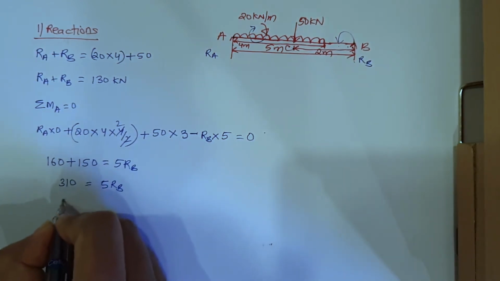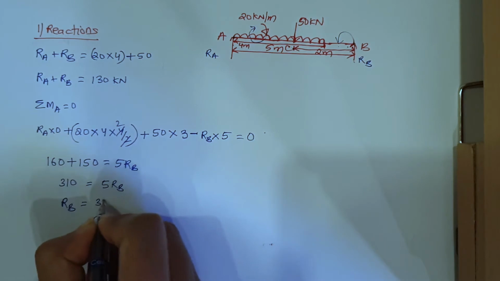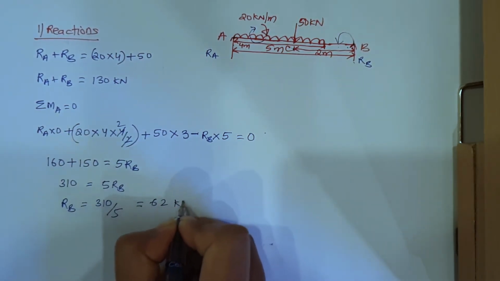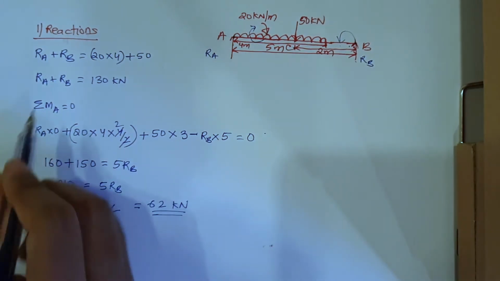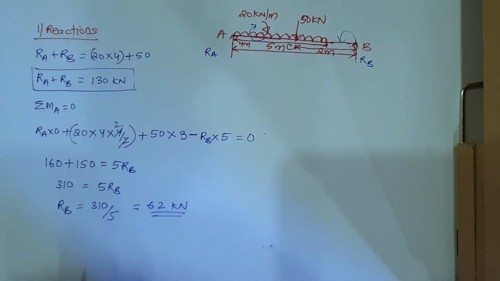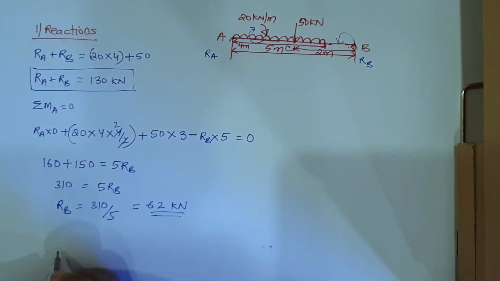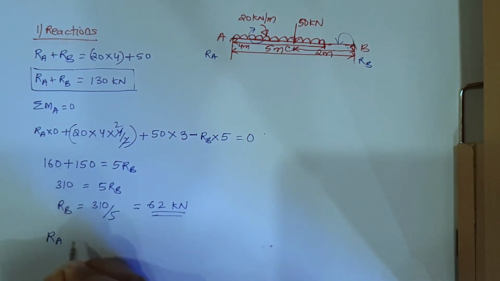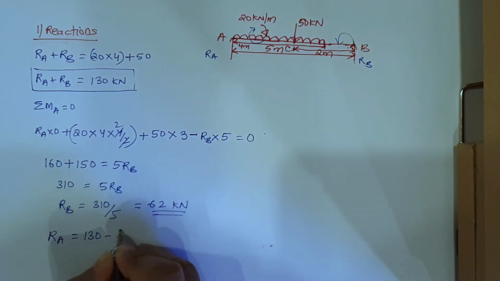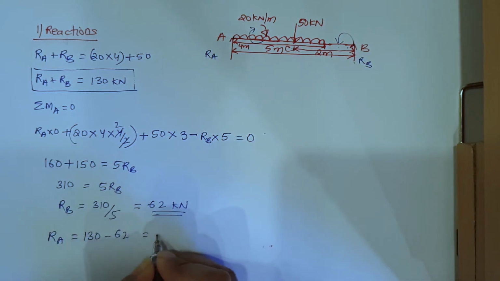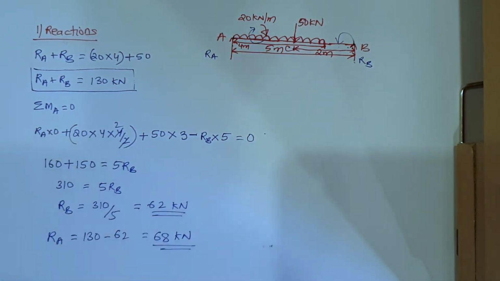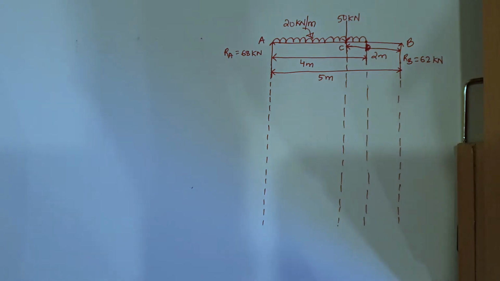And from here reaction RB will be equal to 310 divided by 5, which is 62 kN. Now by using this equation here I can find RA. RA will be equal to 130 minus 62, which will be equal to 68 kN. So we have found the reactions.